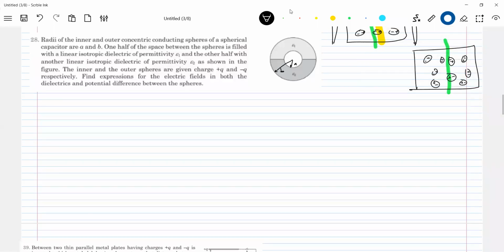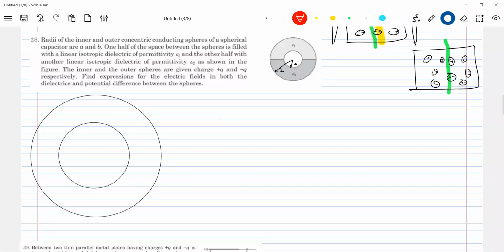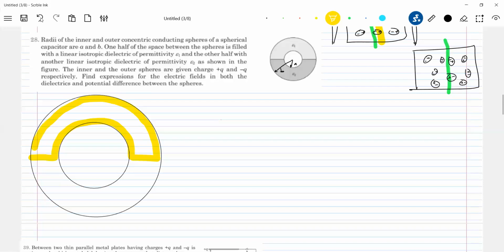I'll draw the diagram. Two dielectric slabs are there, so one I'll fill up. You try that one. Meanwhile, I'll finish off this shading part.